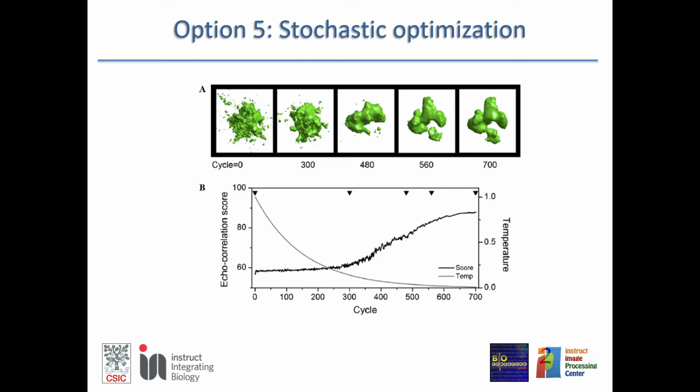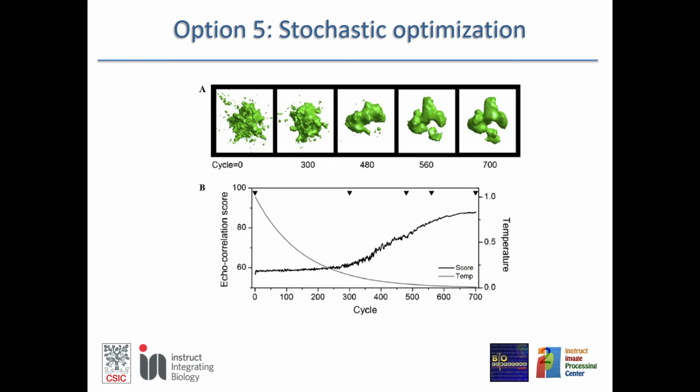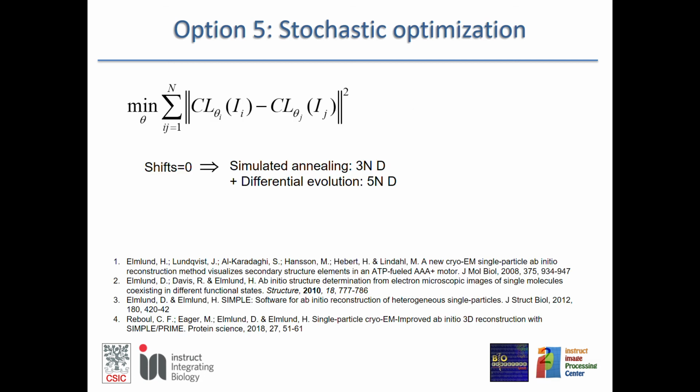So at the beginning it is very hot, so you allow a lot of movement, but as the iterations progress, you allow for less and less incorrect movements. Okay, so at present, this is not the algorithm of choice, but they follow more or less this stochastic optimization flavor, even if it is not exactly the same procedure that we have explained.